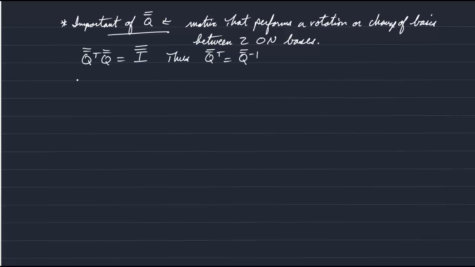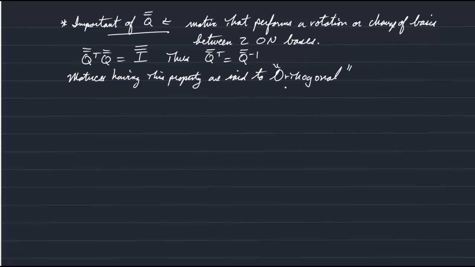And matrices having this property are said to be orthogonal. So an orthogonal matrix is a matrix in which its transpose is equal to its inverse.